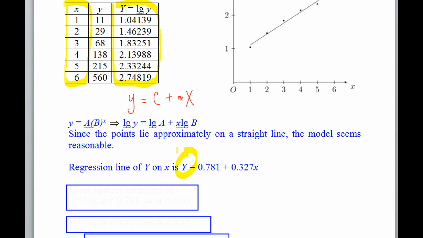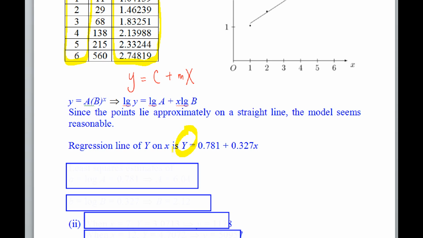Then we compare. Look, you compare this and this. We should be able to find what is big A, what is big B. What is the estimate of A?